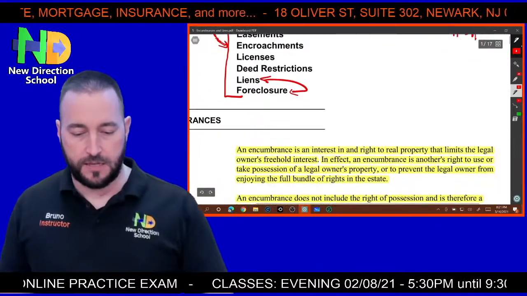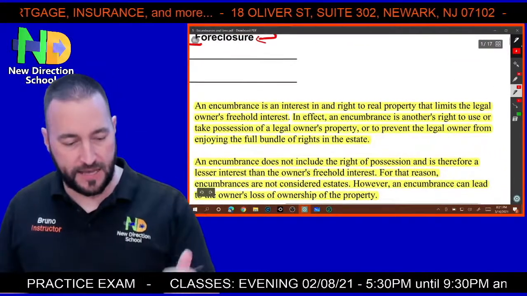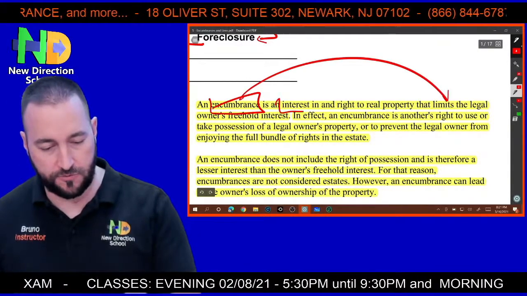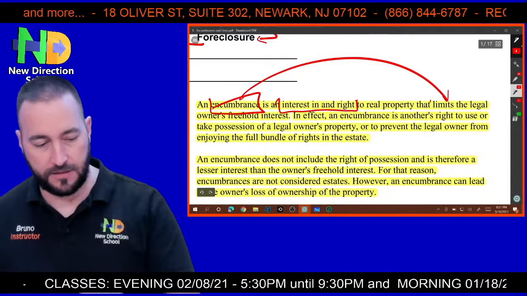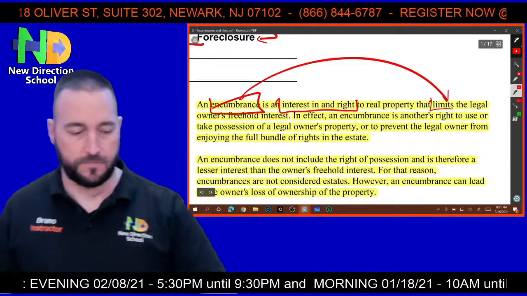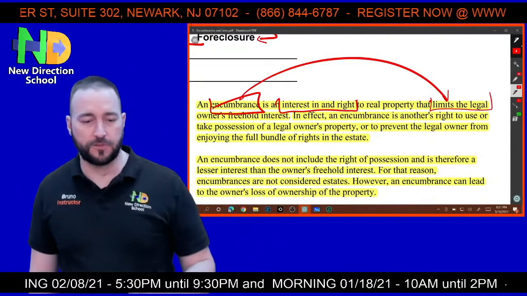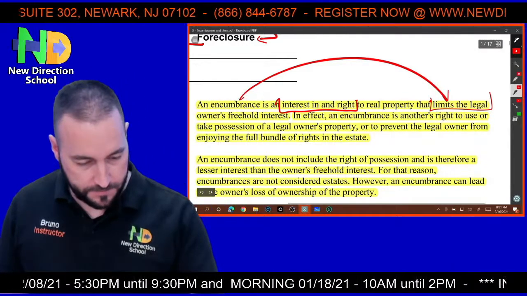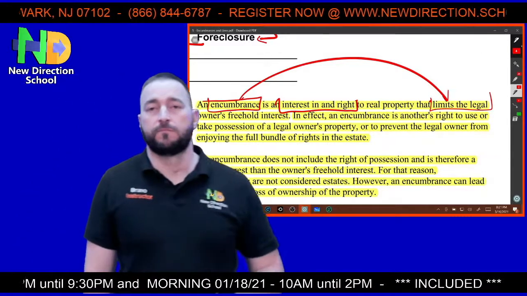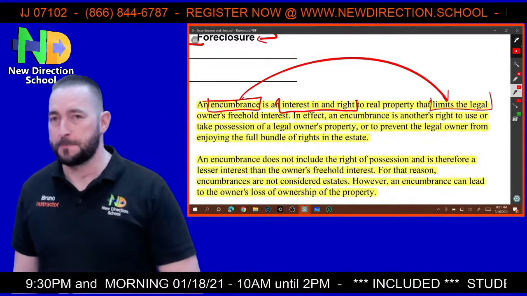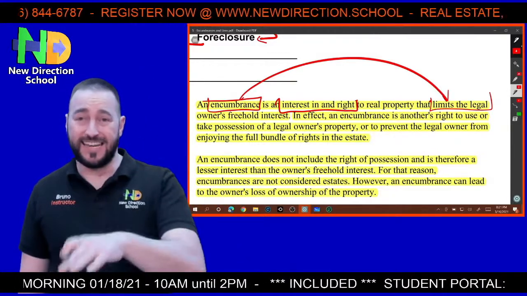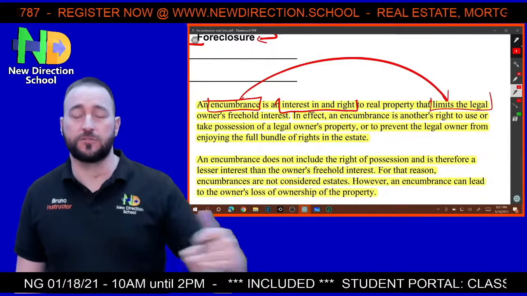All right. So what is an encumbrance? Again, an encumbrance is an interest in and a right to real estate that limits the legal owner's freehold interest. If you remember yesterday, we talked about estate and we talked about interest.